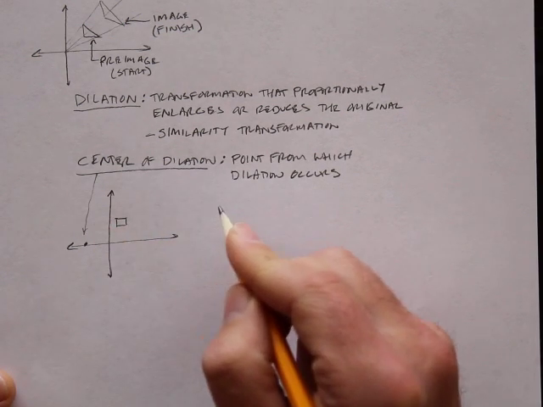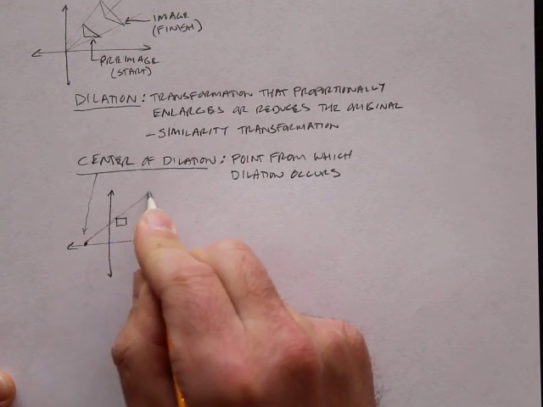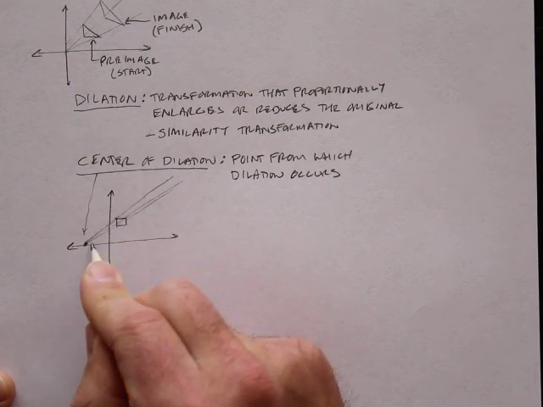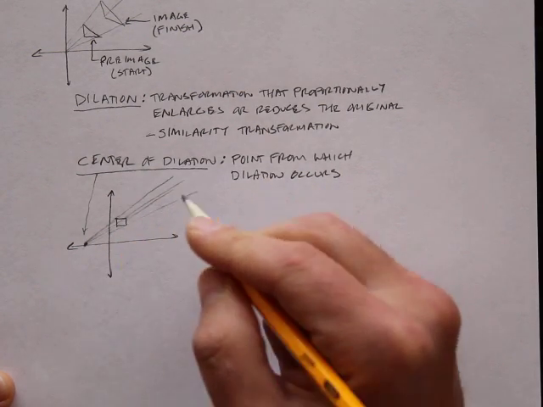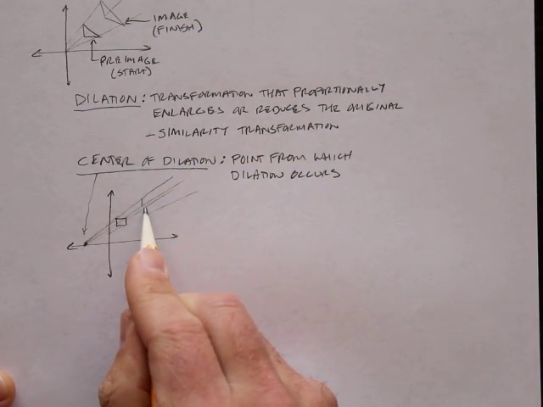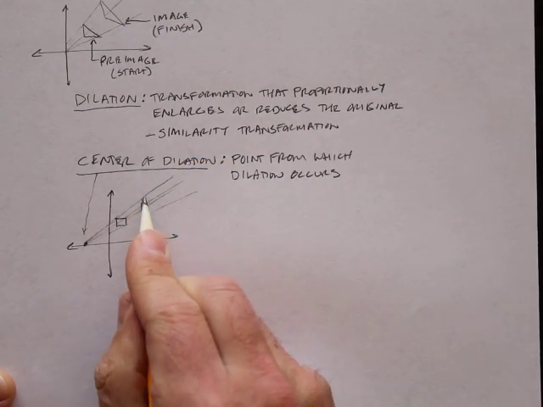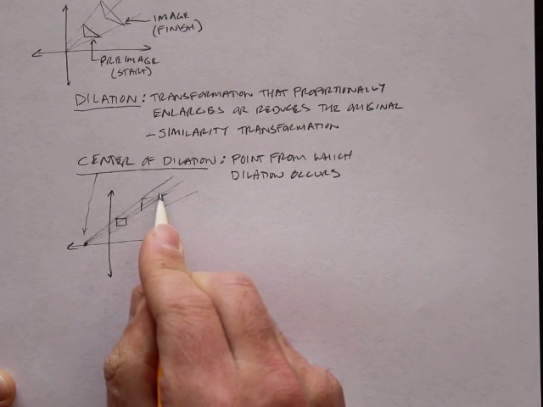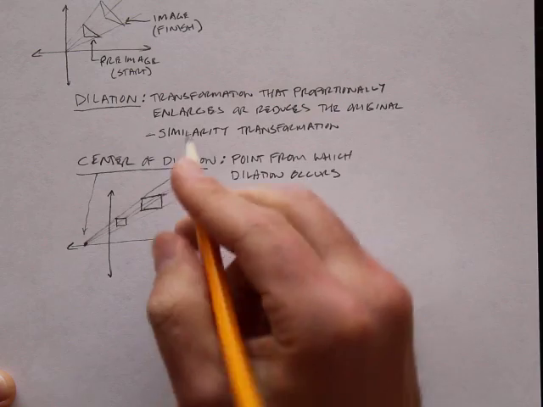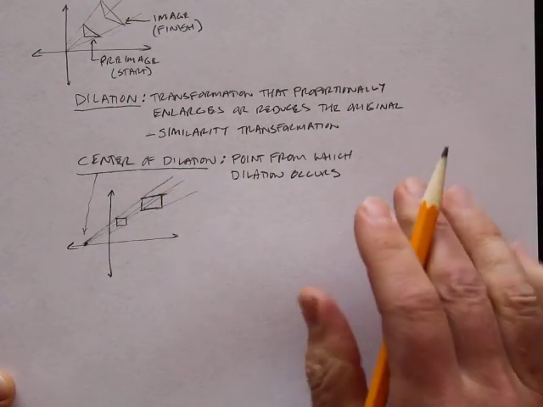Then I would draw a line that goes through that point and extends, through that point and extends, through that point and extends. And if I were to do my dilation, this goes to the first one, down to the second one. There we go. Here's my center of dilation. That's the point from which the dilation occurs.